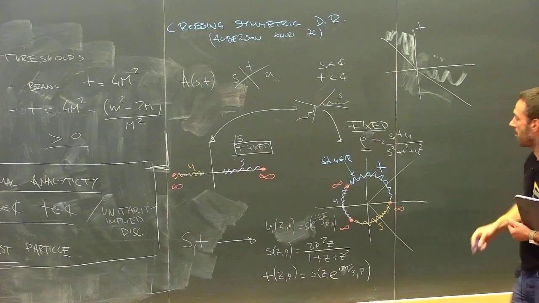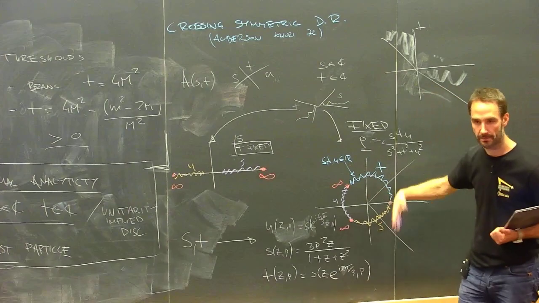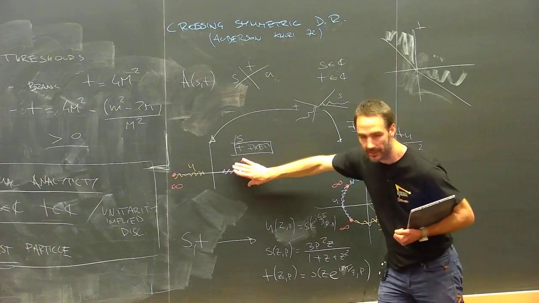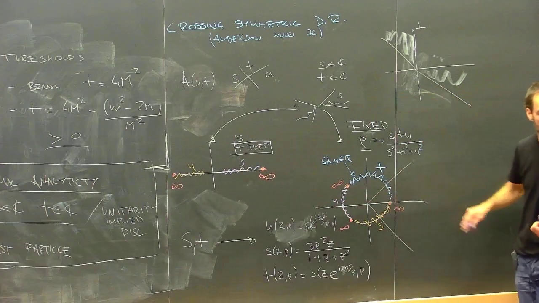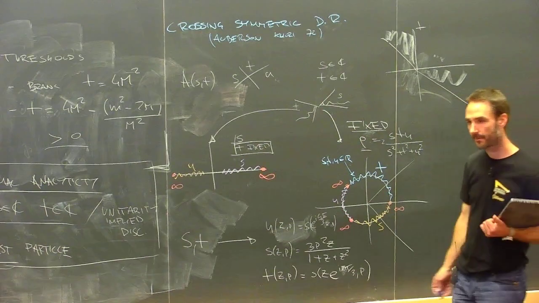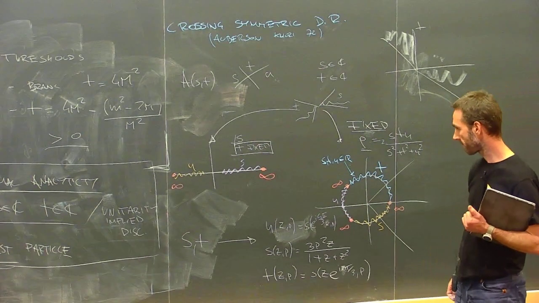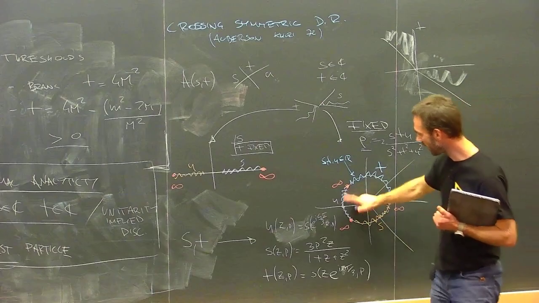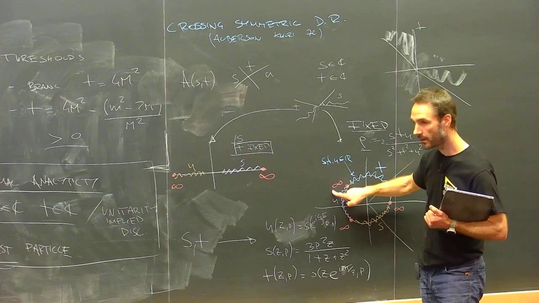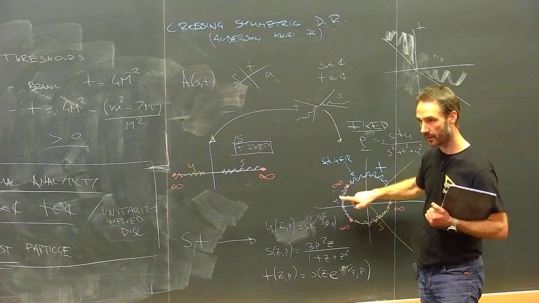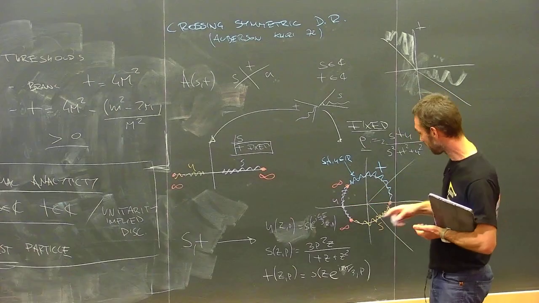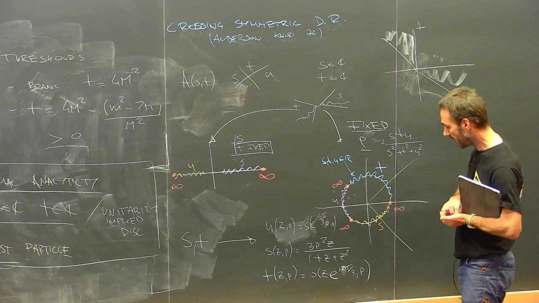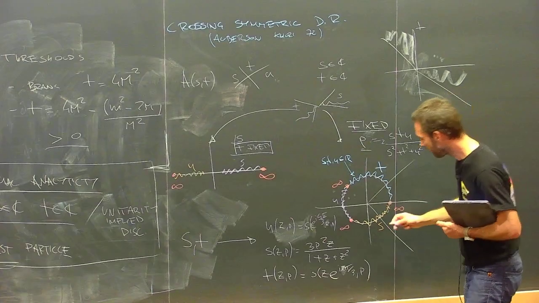Once you have this map, you just map these singularities here, and you discover it's here. So for the S channel cut, is the physical side of the cut the outside or the inside?